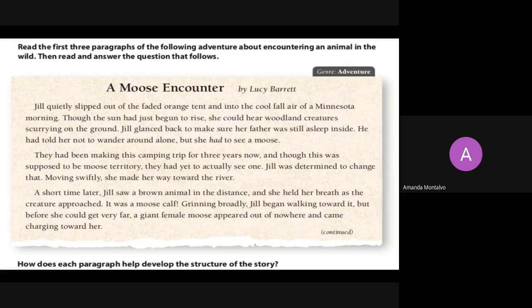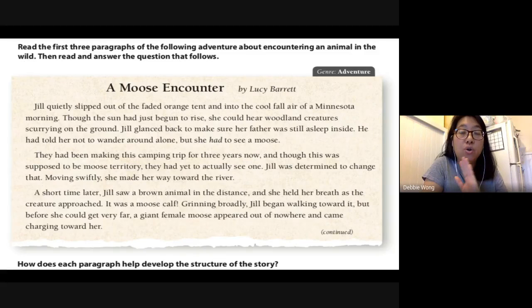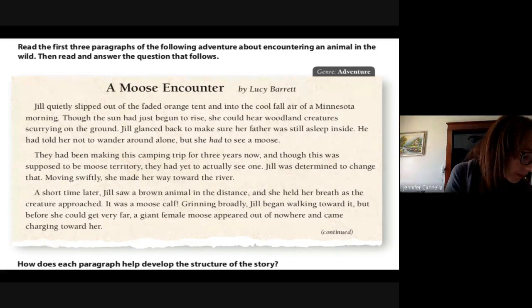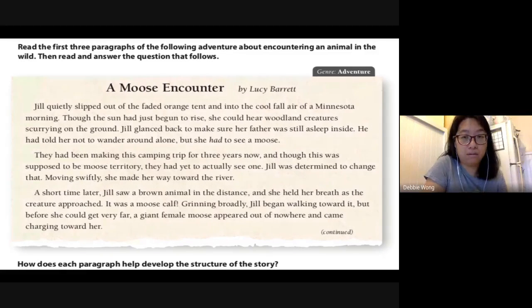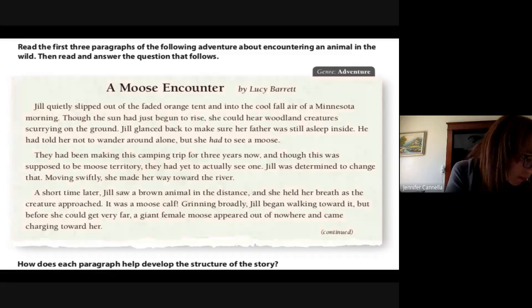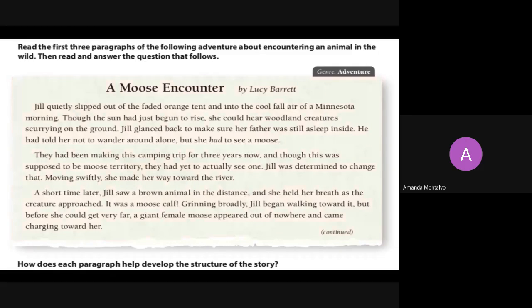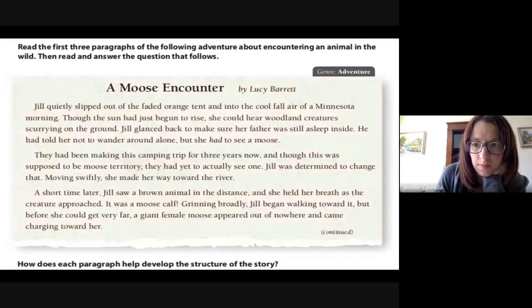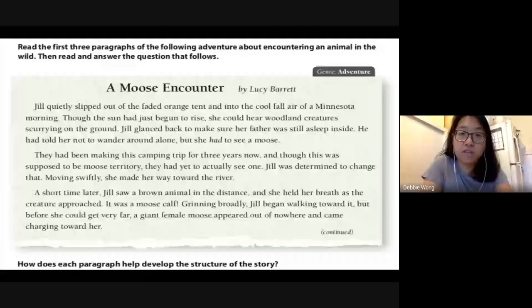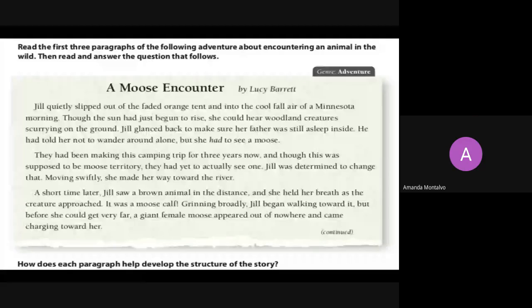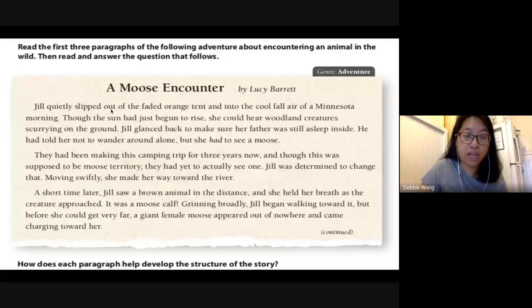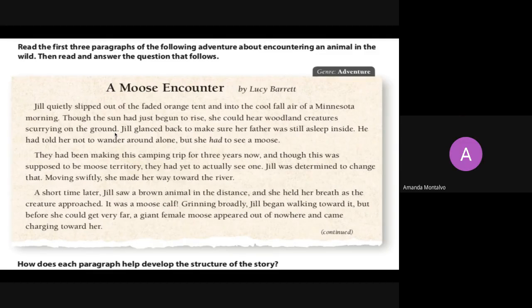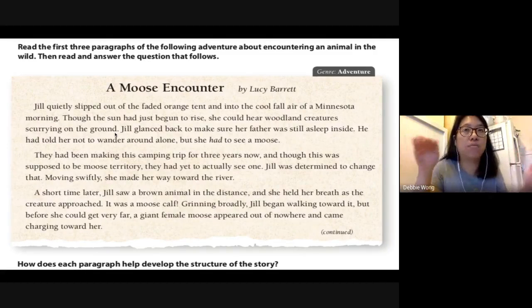And now is it noisy or is it very quiet? Here it says she could hear woodland creatures scurrying on the ground, which means that it's really, really quiet, that she can hear the animals moving around.